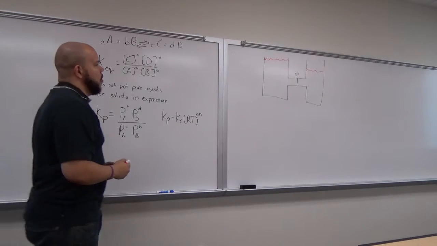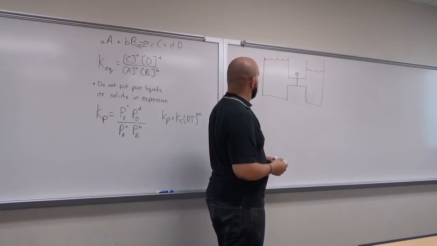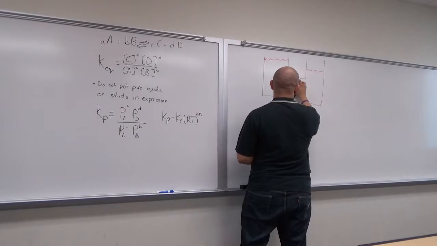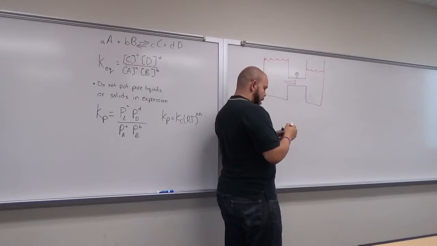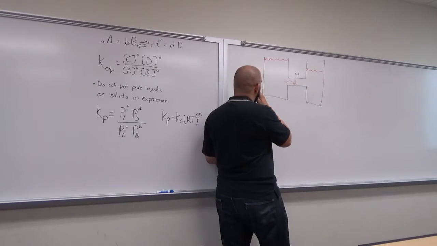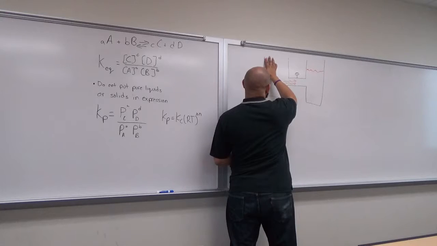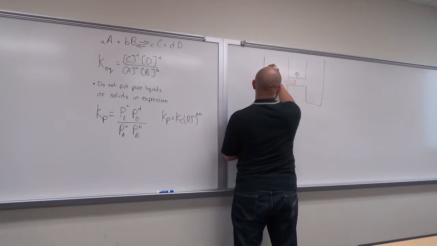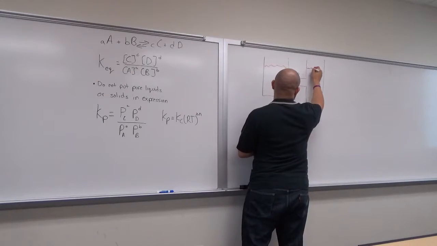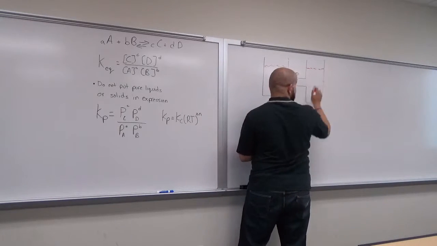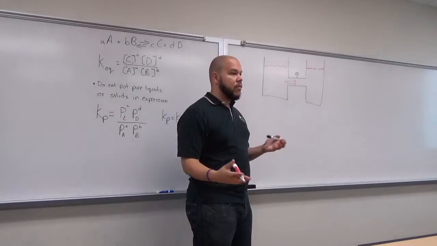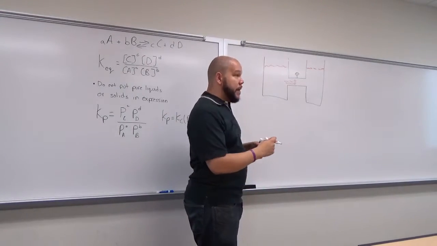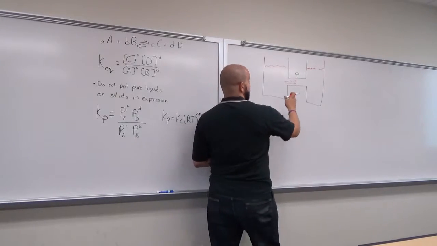Which way do we know that we're going to have flow of water? To the right. We know water flows this way if we open this valve. And then what will occur? Equilibrium. We'll have an equal level of water in each of these vessels. In one case it's a little bit more than the initial, and in one case a little bit less. That would be like if we just started the reaction.